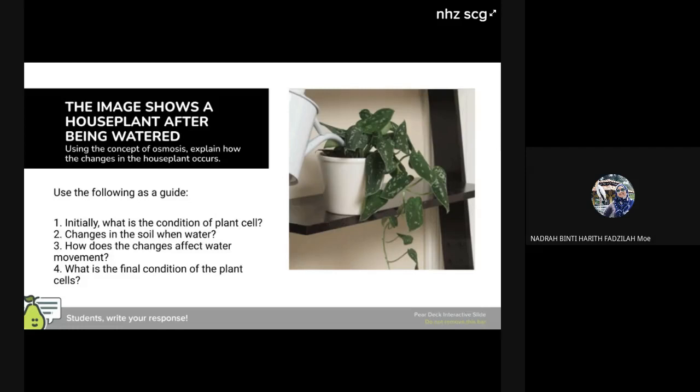Sekejap ya. Where is it ya? Ni this one. Okay, kejap ya. Saya buat dia sebagai animated GIF tapi dia tidak.